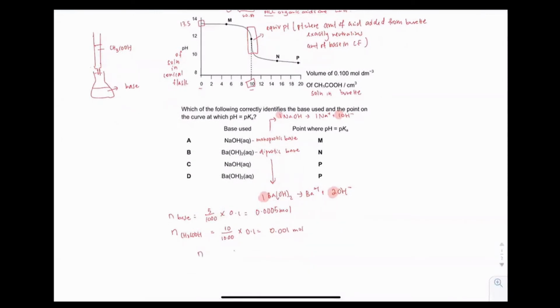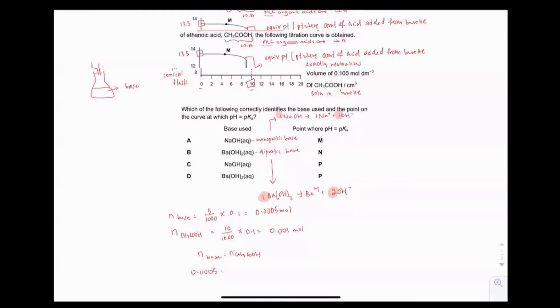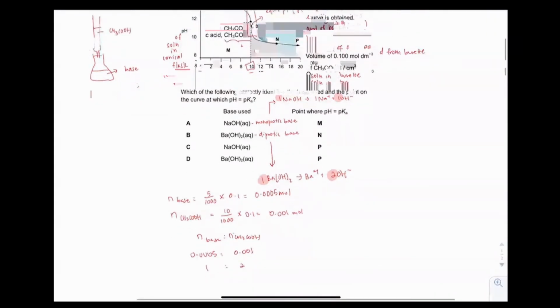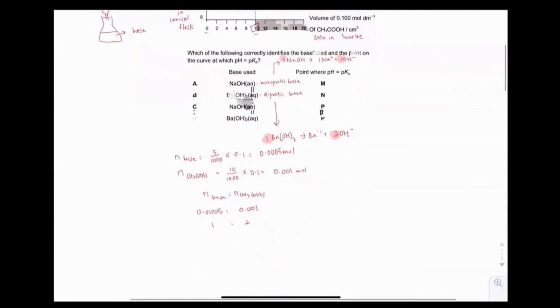So looking at the mole ratio of the base to ethanoic acid, I have 0.0005 to 0.001 mole, which is 1:2. This tells me that most probably we are dealing with a diprotic base. So how do we know that? Let me talk about it in more detail. Let's use a diprotic base, barium hydroxide.